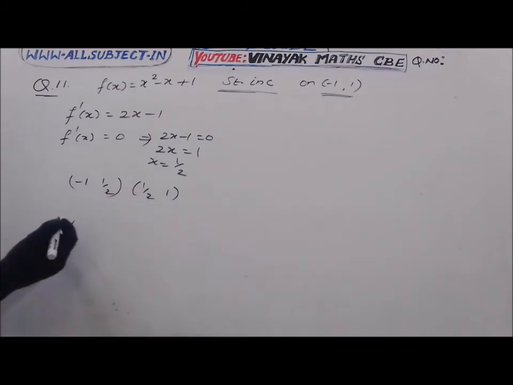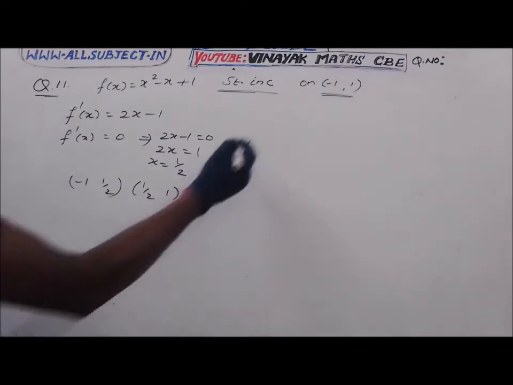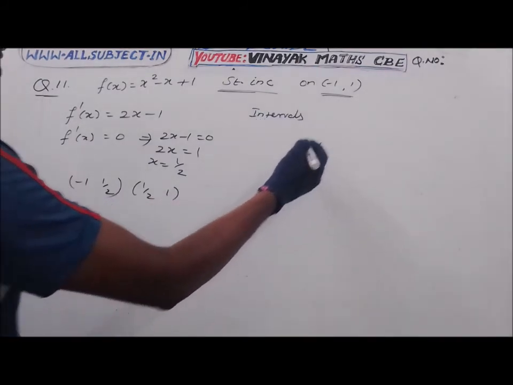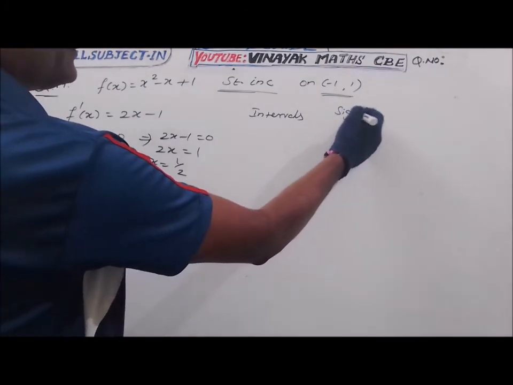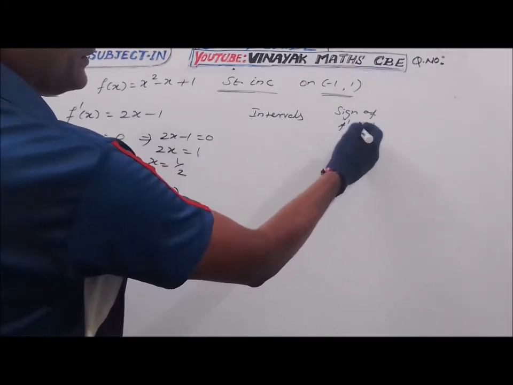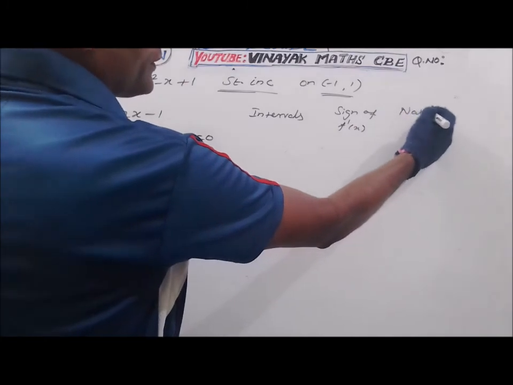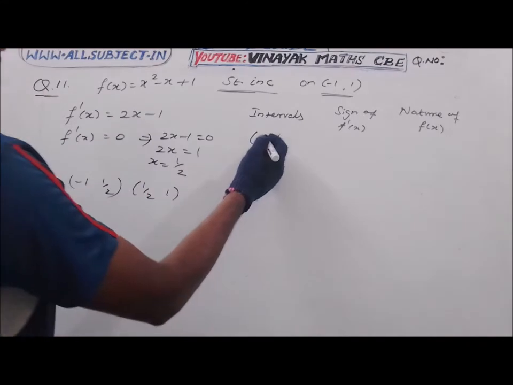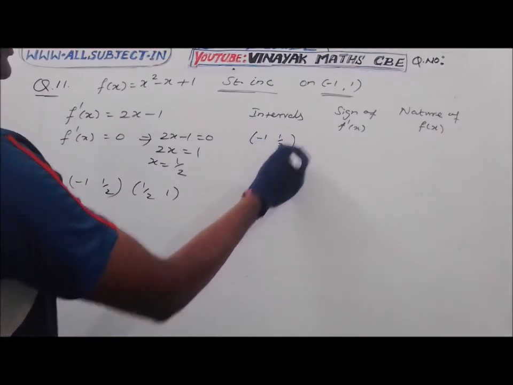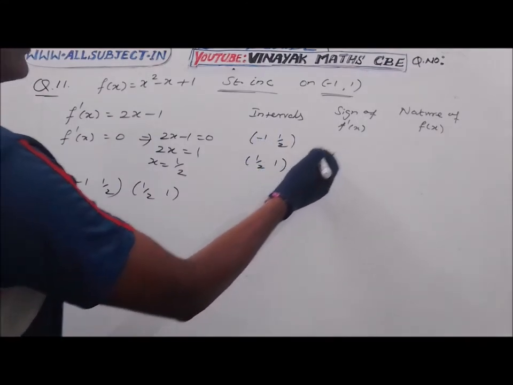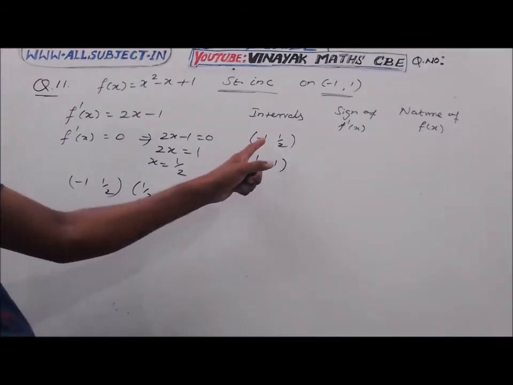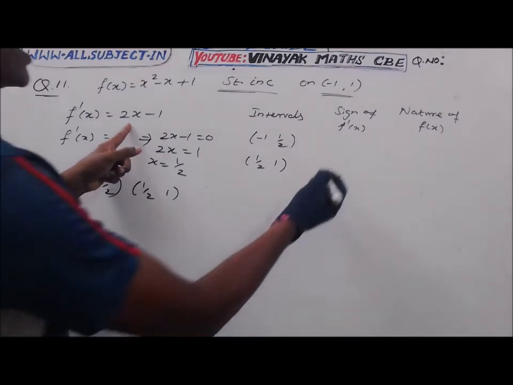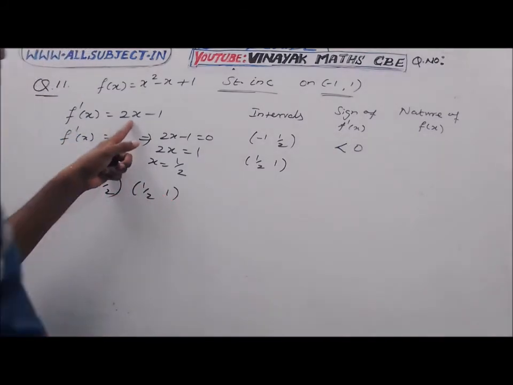These are the two sub-intervals. Now check the sign of f dash of x and the nature of f of x. There are two intervals, one is minus 1 to 1 by 2, another one is 1 by 2 to plus 1. For the sign of f dash of x, you can take 0 in between minus 1 to half. Substituting in f dash of x, it gives a negative sign, so less than 0.